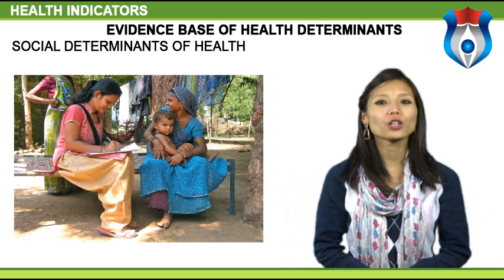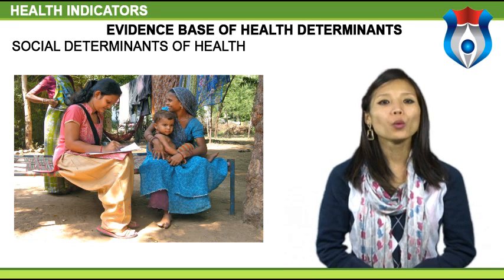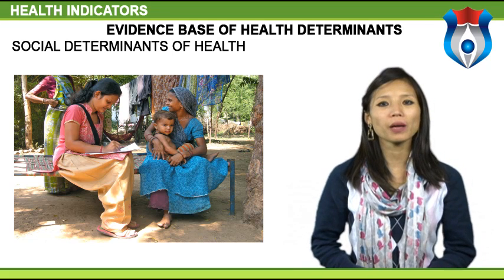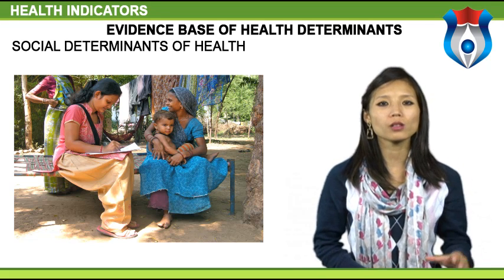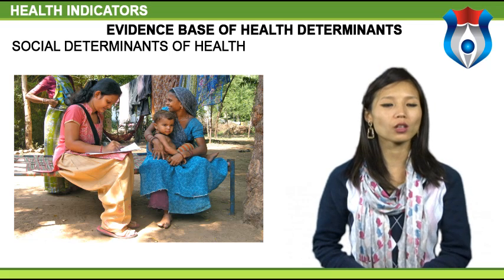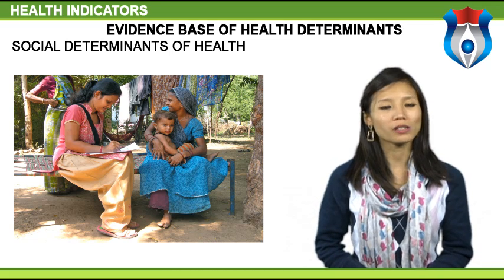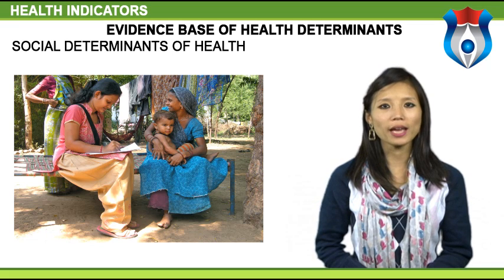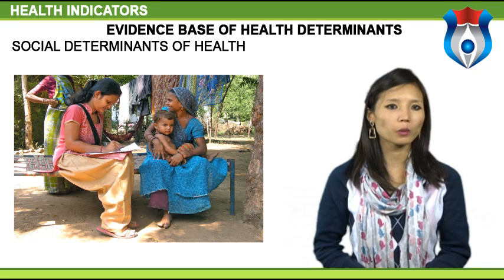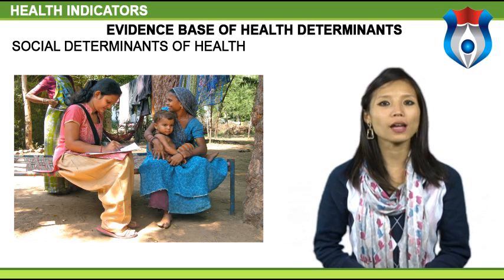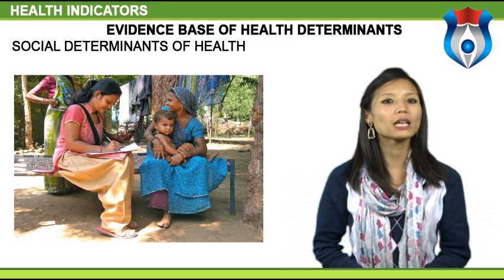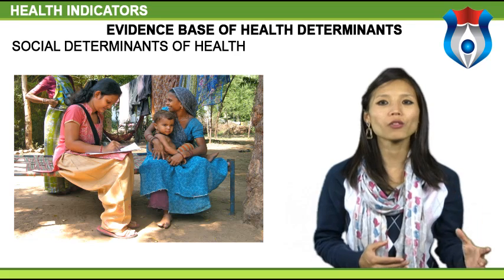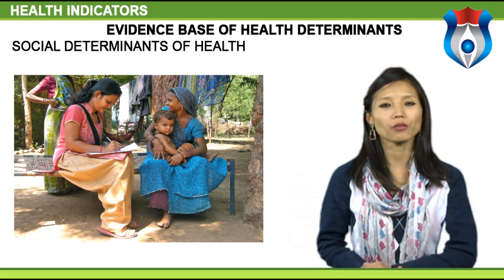In addition, universal health coverage will only be possible if there is accompanying action on social determinants like food and nutrition security, social security, water and sanitation, work and income security, as well as social inclusion and equity across gender, caste and religious categories. In addition, macroeconomic policies in the country will also have a significant bearing on universal health coverage.